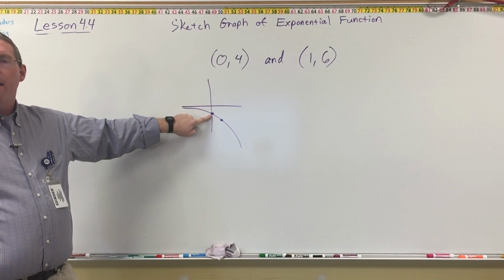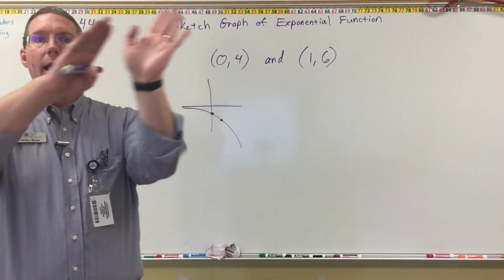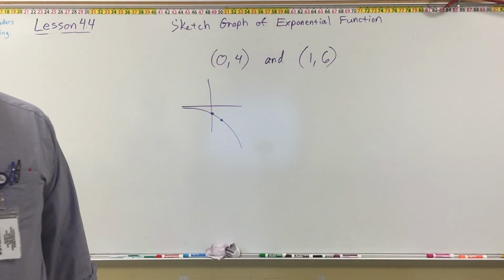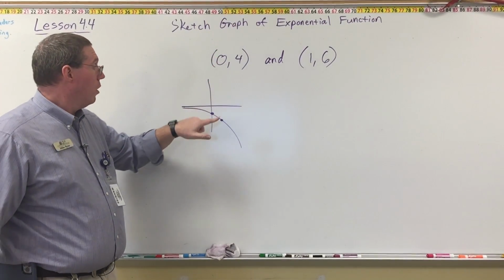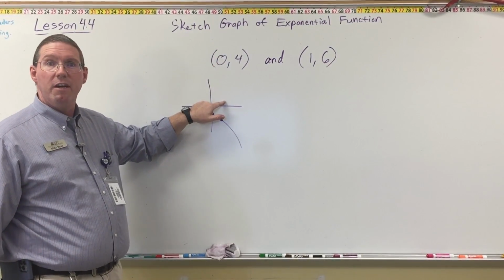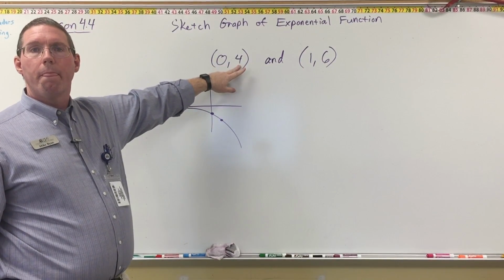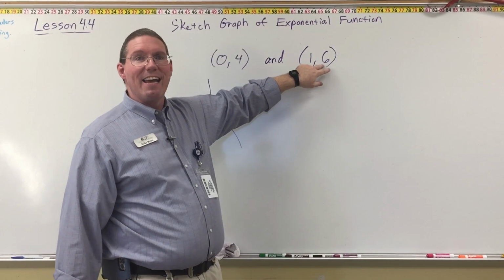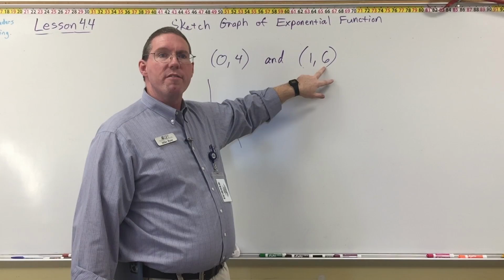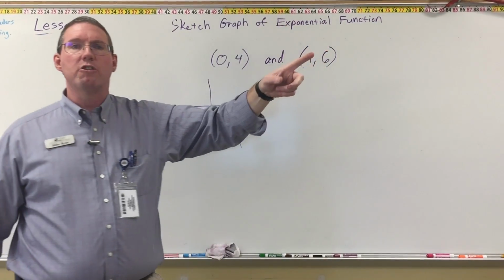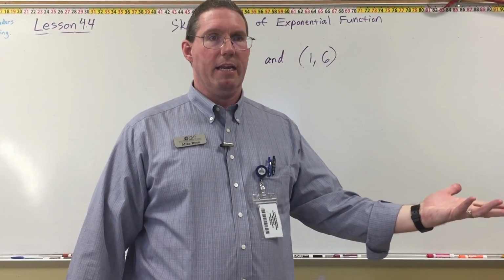That immediately tells me it must be a negative exponential curve, because if it was a positive exponential curve, wouldn't this second point actually be above? But since my y-intercept is 4 and my f of 1 point is 6, doesn't that indicate I'm upward sloping, I'm increasing? Therefore, my exponential curve must be a positive exponential curve. It does not have a negative at the beginning of it.